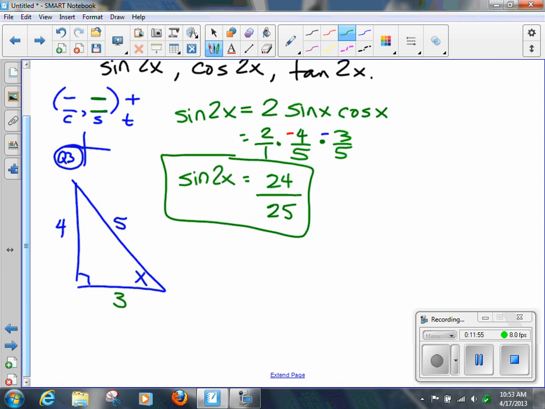If my angle X happened to be, and I'm just pulling a number out of the air, 42 degrees, then what would its double angle be? What's twice as big as 42? 84 degrees.